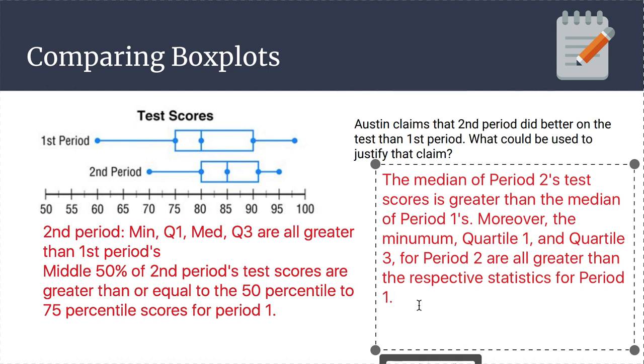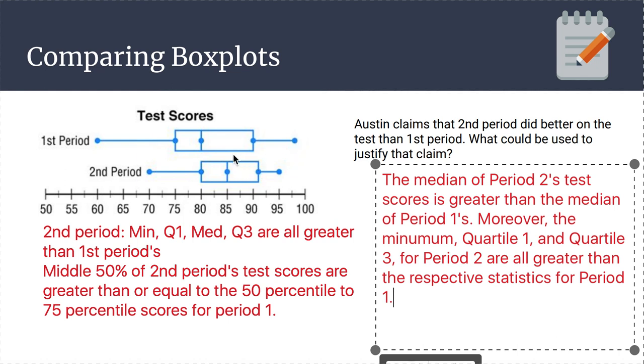If you want to, you could dig into this other one, that the middle 50% of data for second period is actually greater than or equal to the 50th to the 75th percentile of period 1. Now, it may be worth mentioning that the maximum is not as great, just so that they know you understood that.